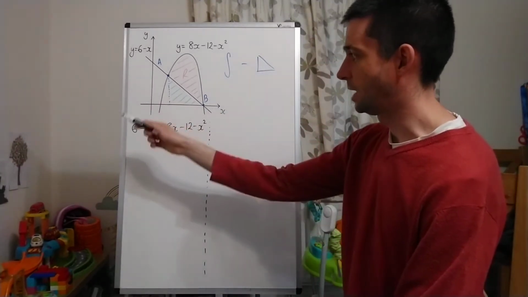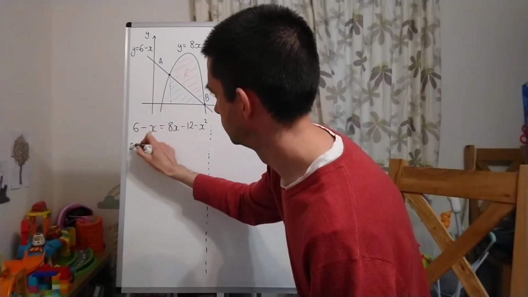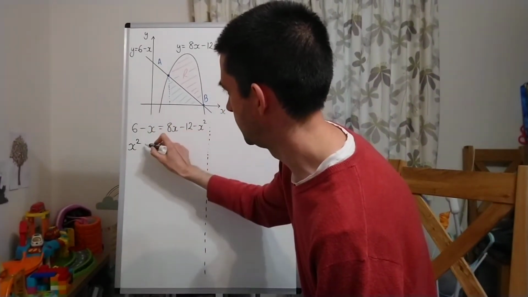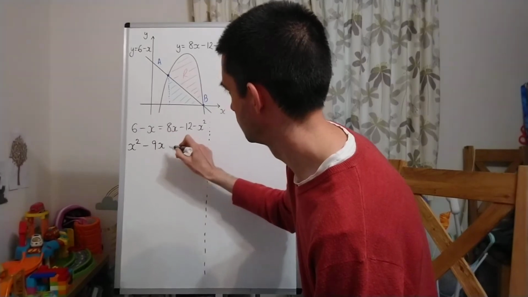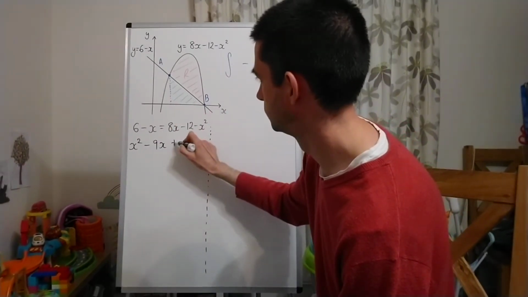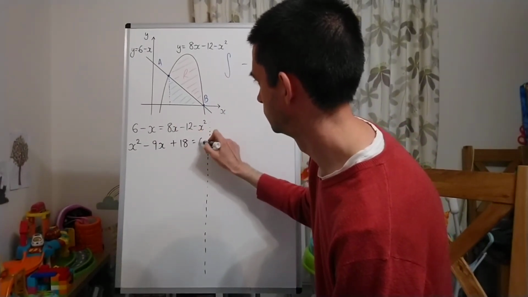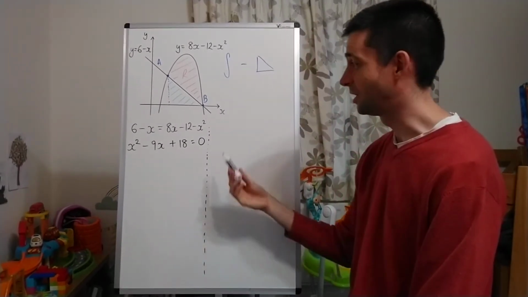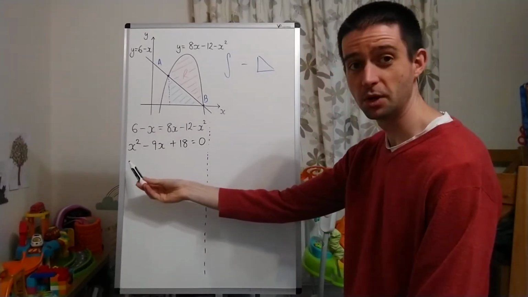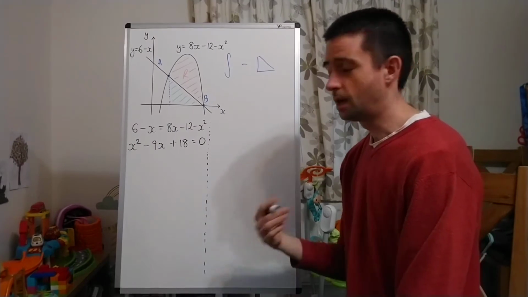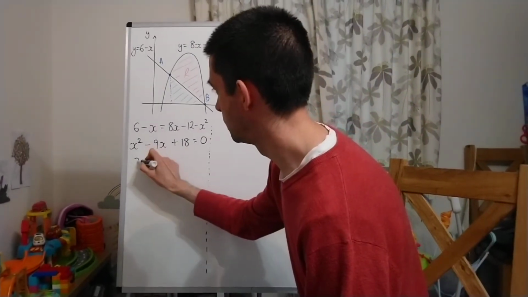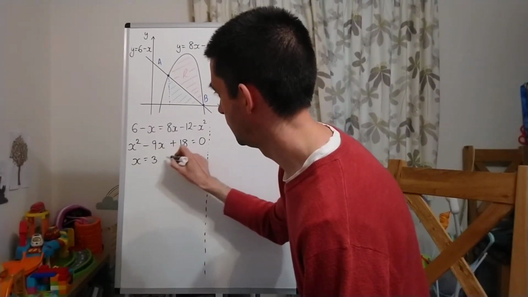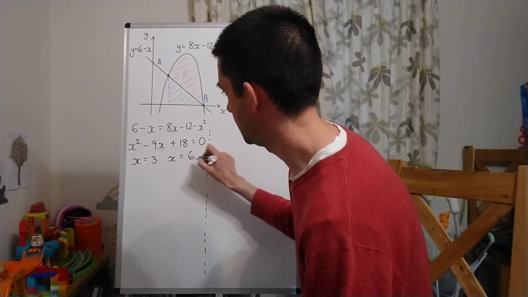And I'm going to add over the x squared, subtract the 8x, and add the 12 to make a quadratic, and I did it that way deliberately so that I end up with a positive x squared. The two solutions to this equation are x equals 3 and x equals 6.